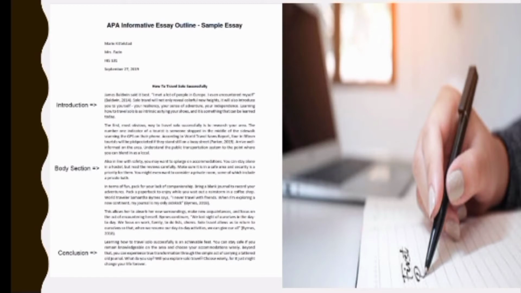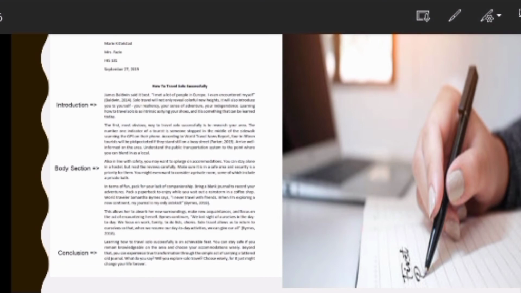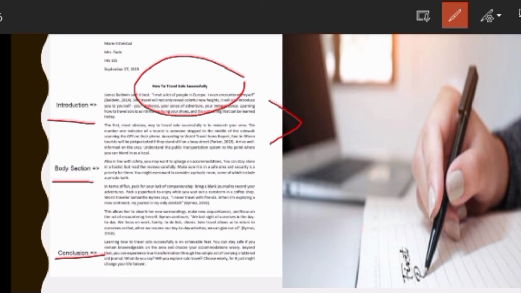So this is an example of an informative essay. So you have there the title, How to Travel Solo Successfully. Then the 3 parts of informative essay: the introduction, the body, and then the conclusion. The introduction is used to grab the interest of the reader. You can use quotation or famous line or a story in introducing your topic.